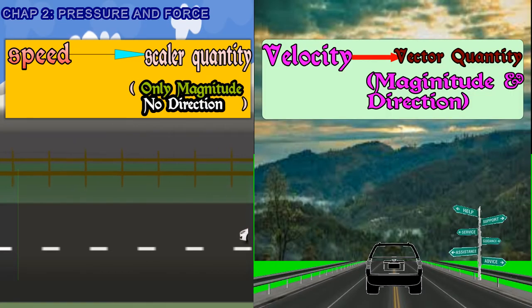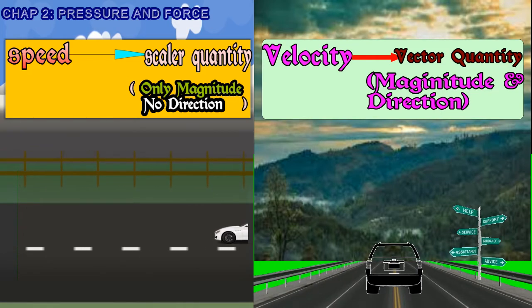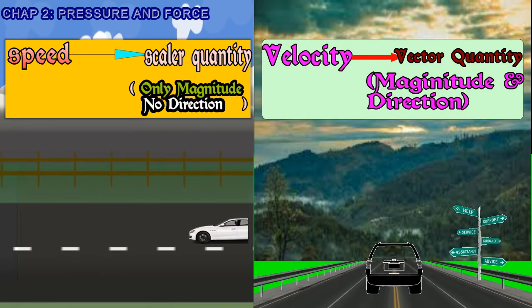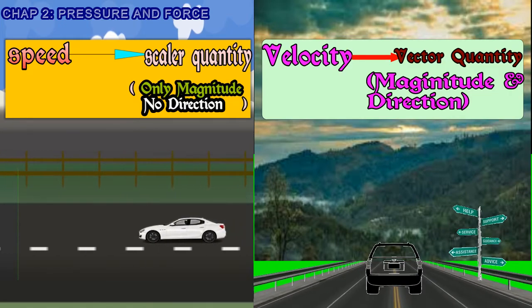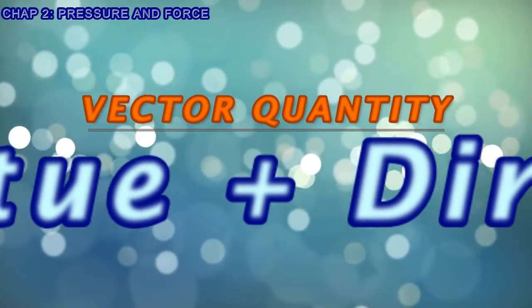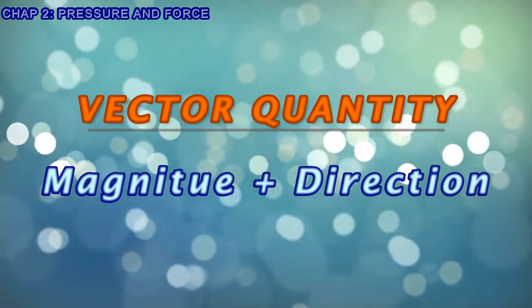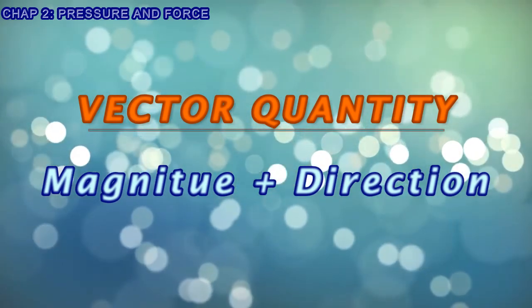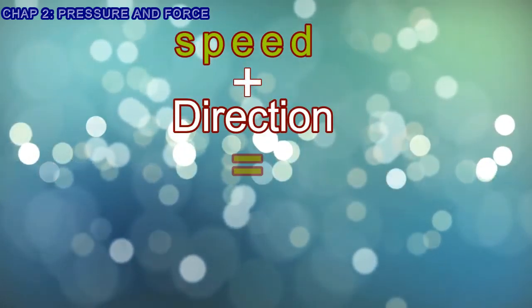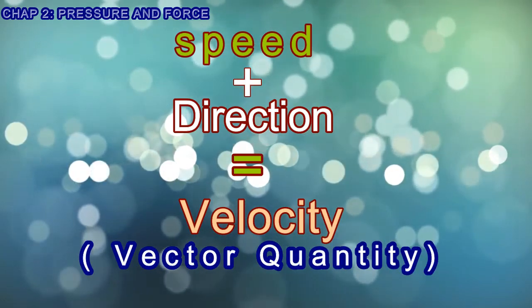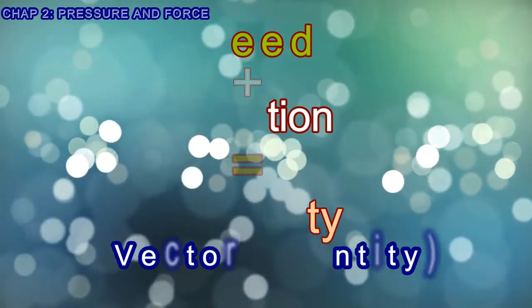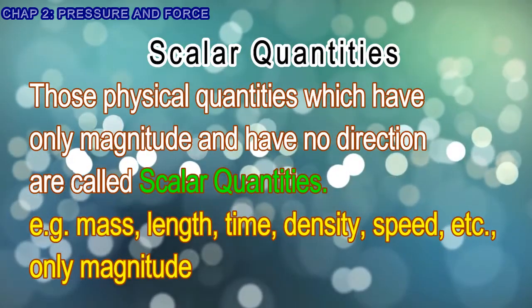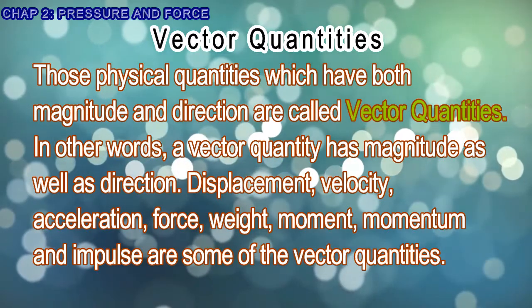In the case of velocity, however, direction is stated and that's why it is referred to as a vector quantity. A vector quantity involves not just the magnitude but also the direction. When you add directional information to speed, it becomes a vector quantity called velocity. The additional information makes it more specific.